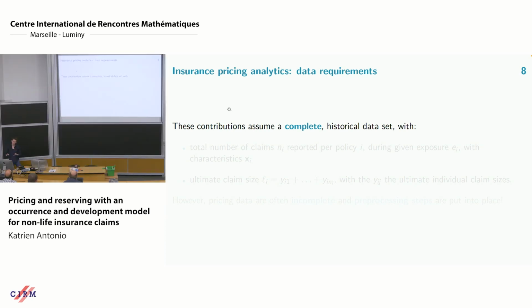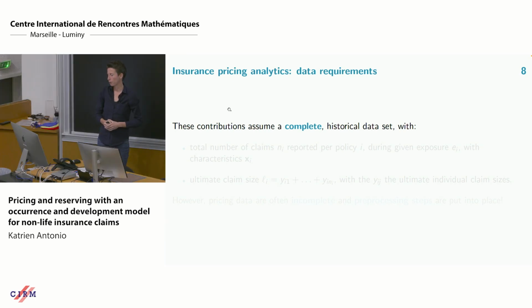So we're going to assume there that we do that pricing literature with a sort of complete, nice historical data set at our disposal. And that makes sense, of course, and that's nice to do.